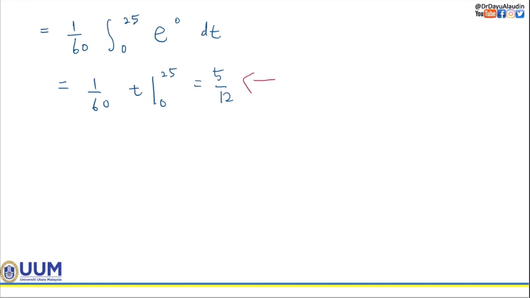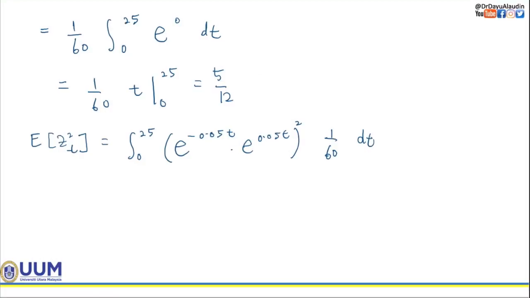5/12. So let's say we want to find the variance. We have to find E of Z squared t first, and we have to square the e to the negative delta t times bt. This is zt, so we have to square the zt.